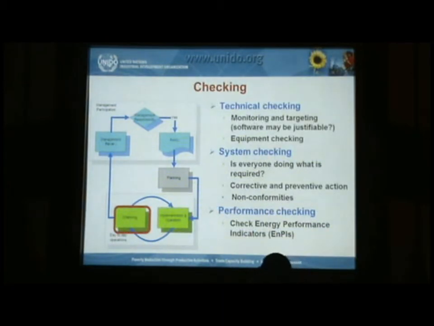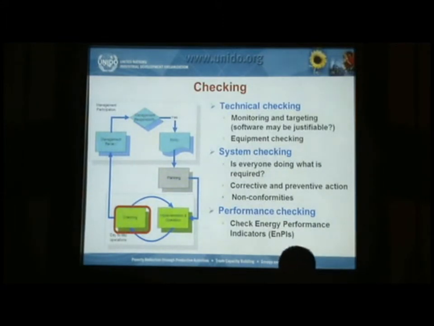So after they implement, then we have the point where you check. So you have the technical checking, monitoring and targeting, the equipment checking, some system checking to make sure that everybody does their part, and also whether it conforms to the required standards or whether it does not conform, and so on.